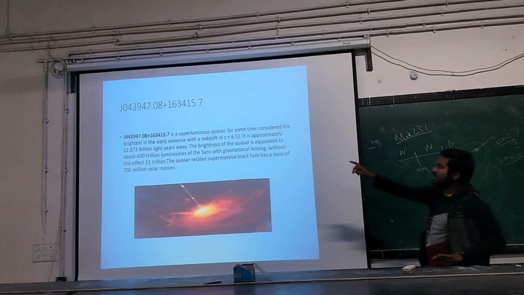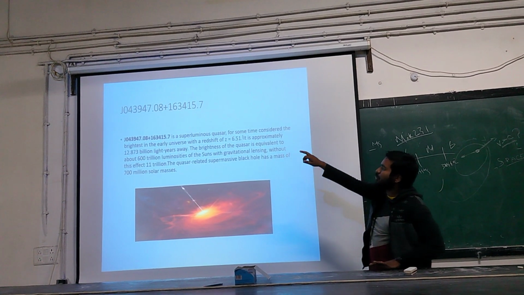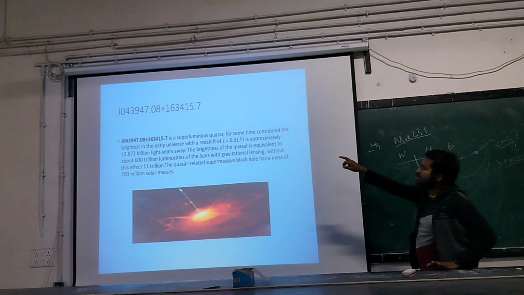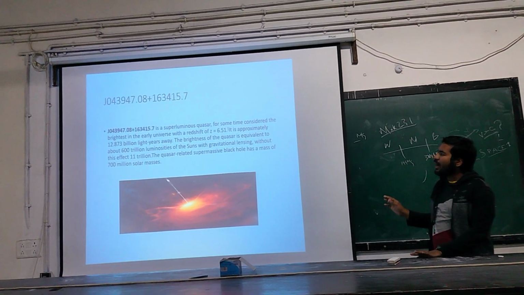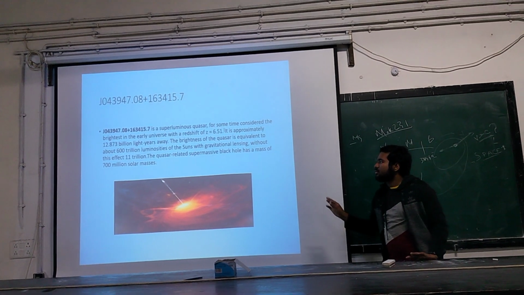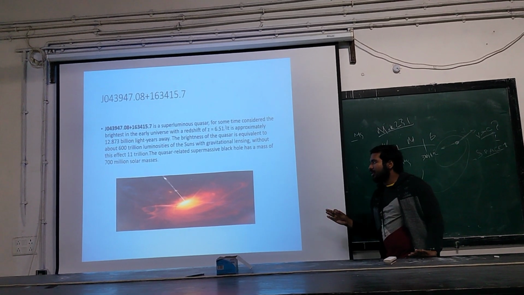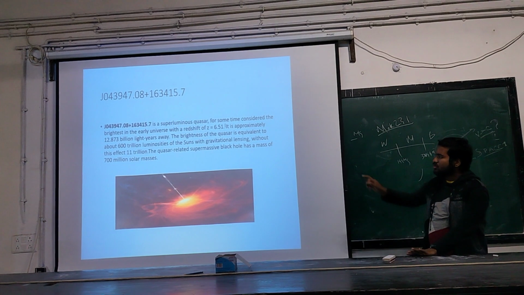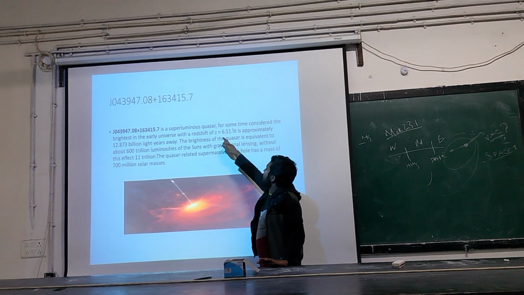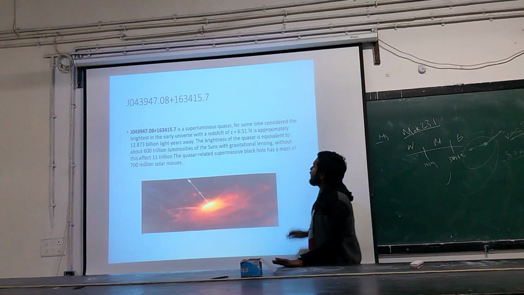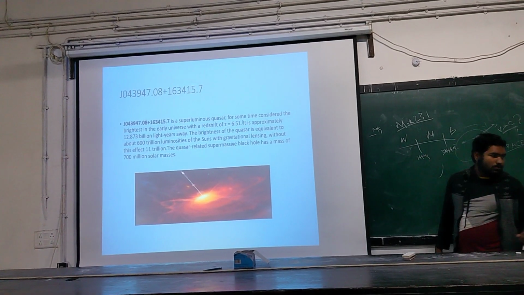This is J043947.08+163415.7. This quasar is the brightest quasar in the universe till now. We can see that the redshift is 6.51.